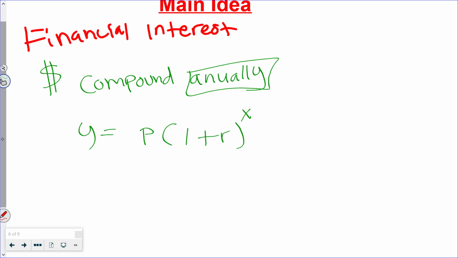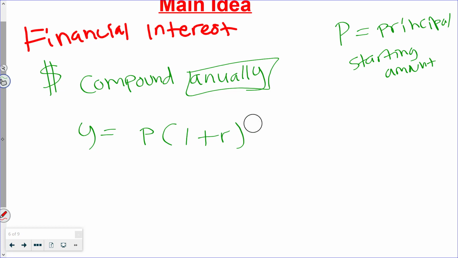P is just your principal, and this is your starting amount. And the X is just going to be a T, but everything else is the same. T is just your time. But the formula is exactly the same as the one we used yesterday.